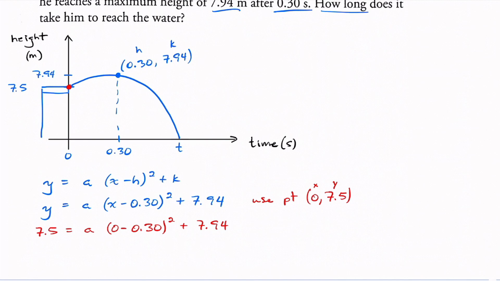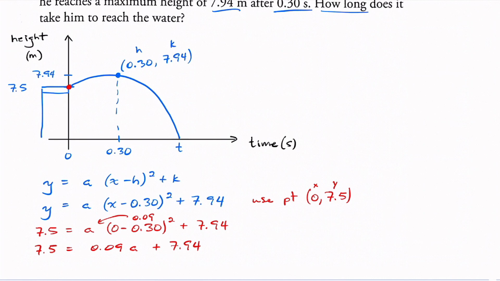Then I'm going to start to simplify. We want to get this a by itself. I'm going to simplify inside the brackets and then square it. So 0 minus 0.3 is just negative 0.3, and then we square that and we get 0.09. So I have 0.09 times that a, so that's 0.09a plus that 7.94.